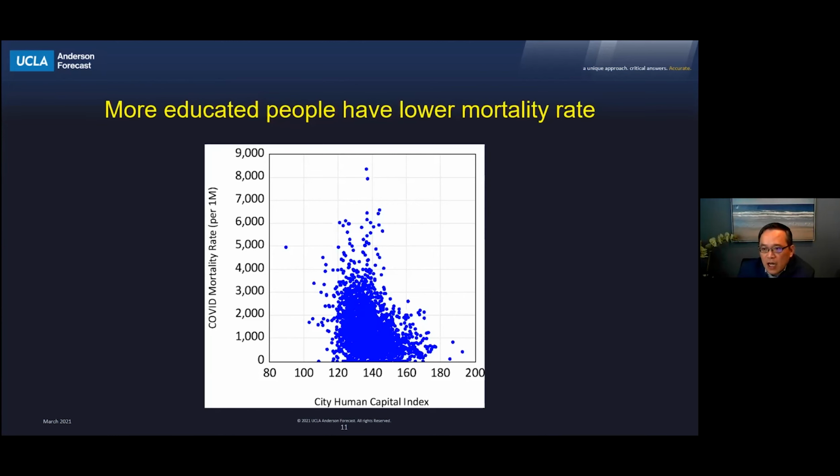So we can see that counties with index above 140, which is about 14 schooling years, have a lower mortality rate than those below 140. And the reason could be that more educated people are more aware of the virus, and they are also more likely to work from home because of their occupation professions, and therefore reduce the risk of being infected. I also found once these educated people got infected, they had the same CFR as less educated people.